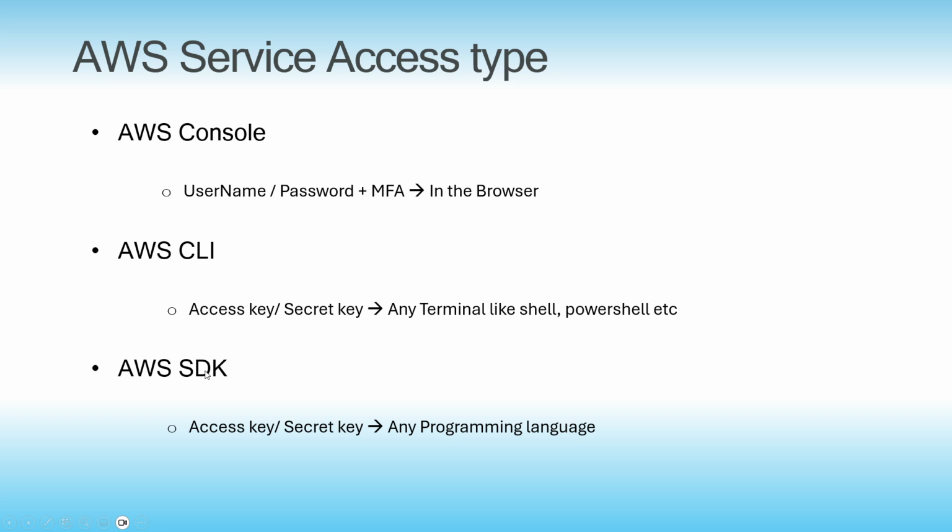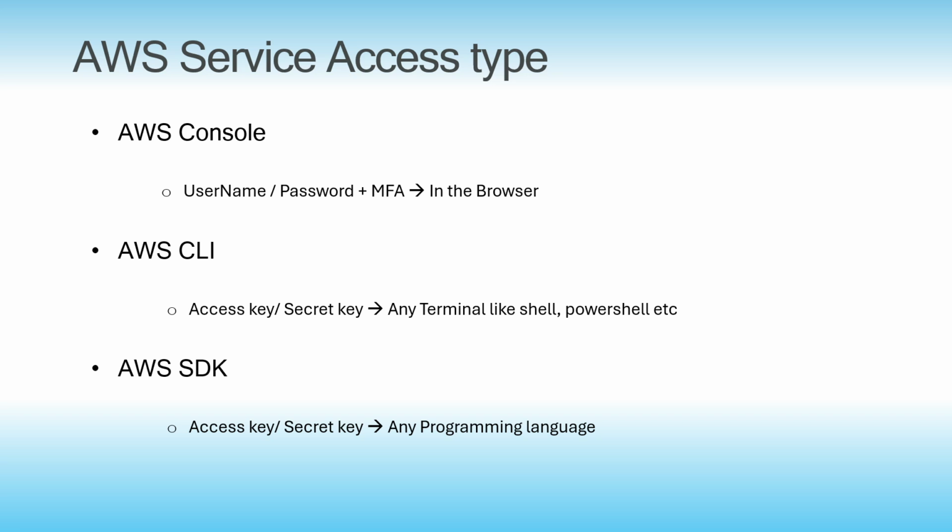The SDK is basically used for programmatic access to an AWS account. Suppose you are running a Java application and the Java code wants to access an S3 bucket, which is one of the services in AWS.